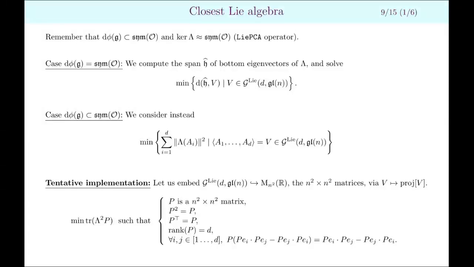You seek the Lie subalgebra of GL_m that minimizes this sum, that minimizes the value of the LPCA operator. So basically you look for a Lie algebra in the kernel of the operator, right? When you minimize that. And so this is what we use in general.